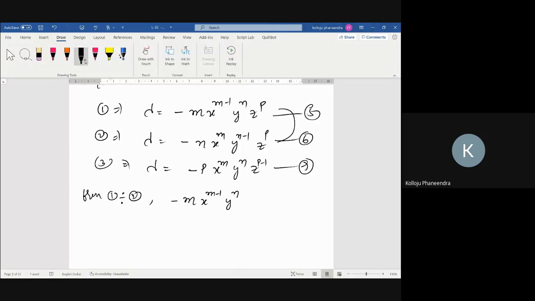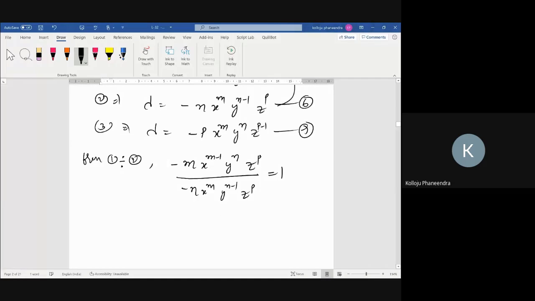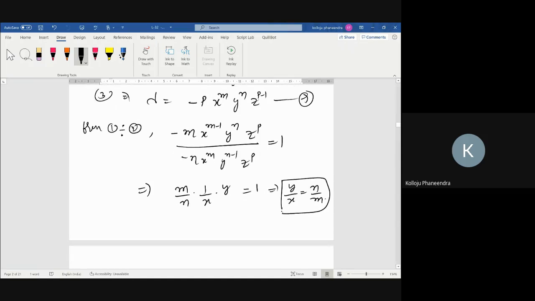So what is this? y^n z^p by minus n x^m y^(n-1) z^p equal to 1. So this is what you will get: m by n will be there, 1 by x will be there, and y will be there, equal to 1. So what is y by x equal to? n by m. This is the first one.